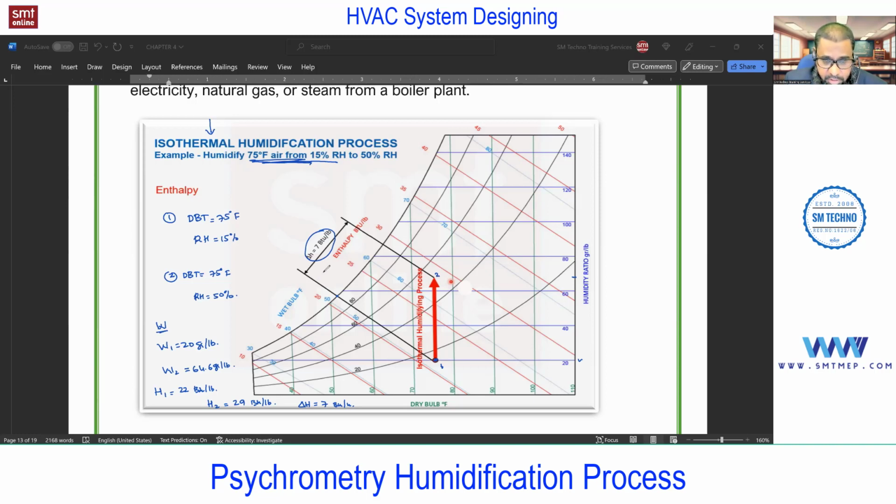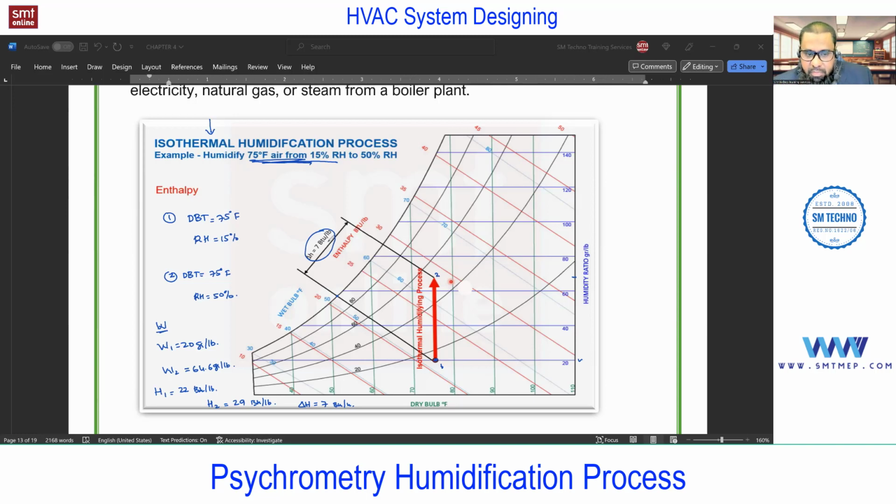Now the question is, we are adding heat, but the temperature is not increasing. Then where does the heat go? Exactly. The heat is utilized to change the phase of the water. We are providing the moisture as steam, so to convert that water to steam, heat is required.